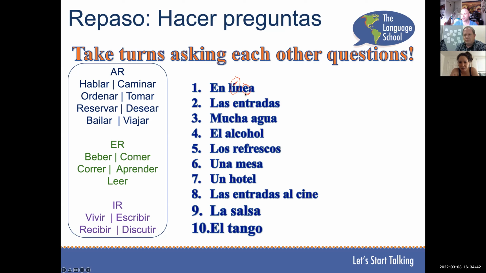And then because of this particular combination, it almost gets merged into one syllable. Línea. Okay, línea. ¿Tú ordenas las entradas?